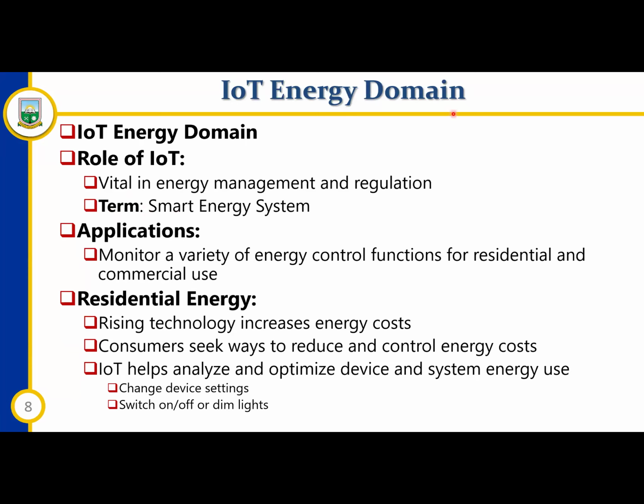The domain is the area of usage of IoT, in this case the energy area. So IoT applications monitor a wide variety of energy control functions for residential and also for commercial use.